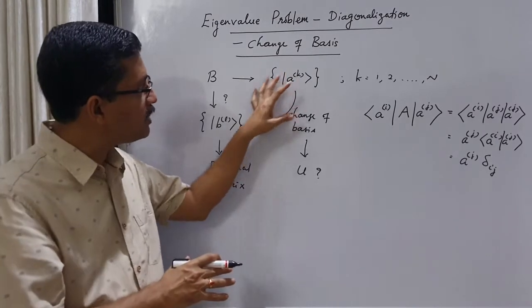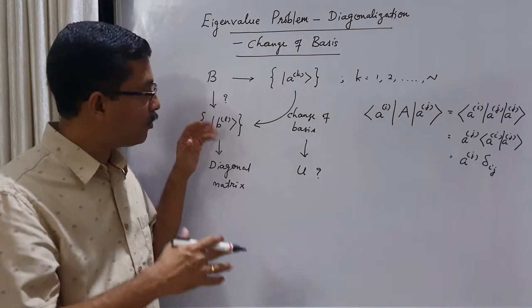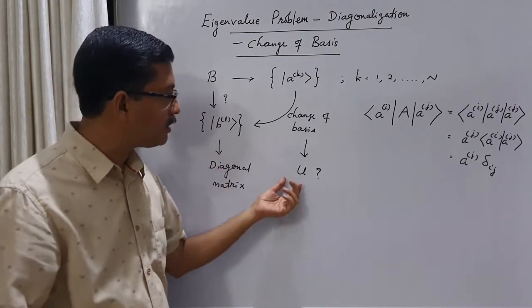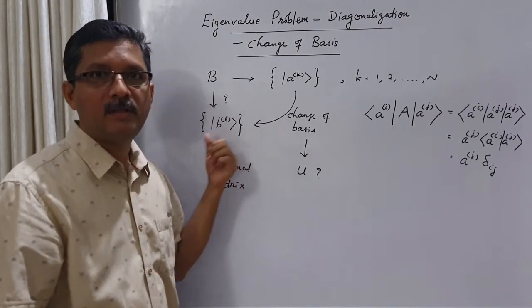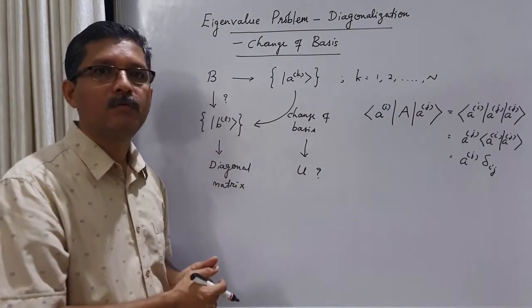How do we make this change of basis from the given basis to the eigenbasis of B, or equivalently, how do we construct a proper unitary operator that can produce this change of basis? This is what we want to find out.